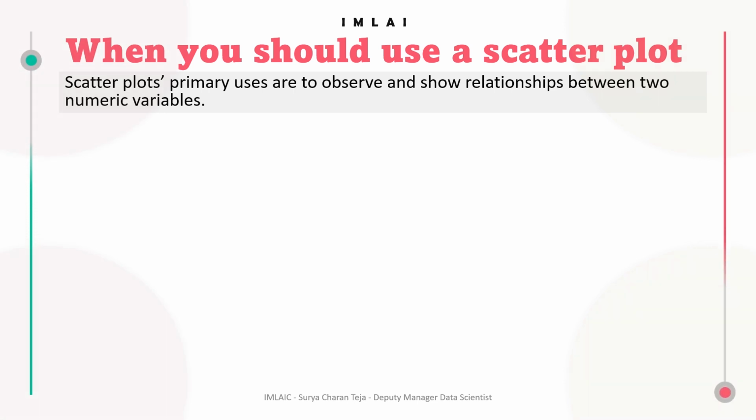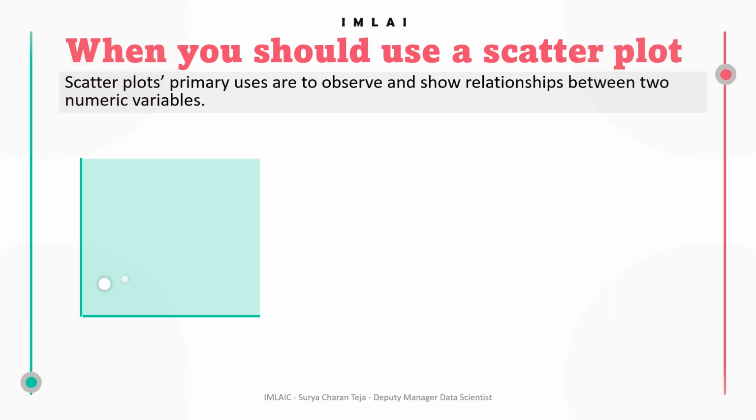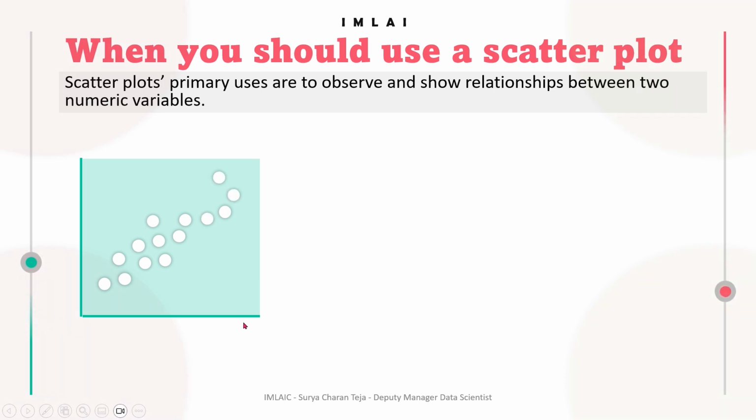You will often see that the variable on the horizontal axis denotes an independent variable, and the variable on the vertical axis is the dependent variable.